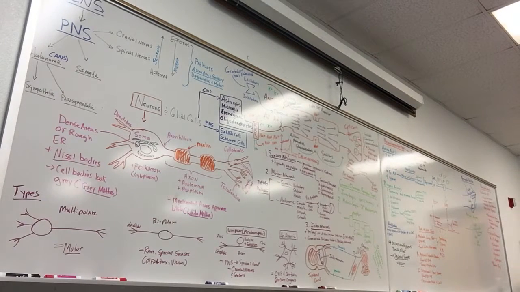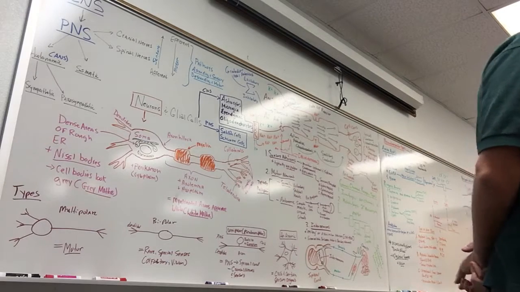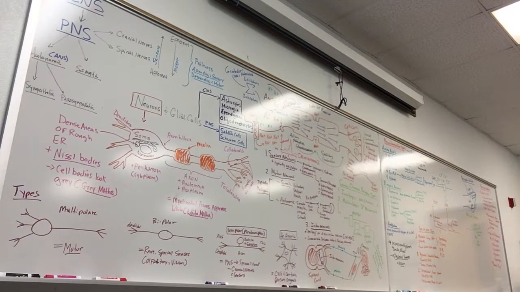The first way is direct. It is a nerve that goes directly into or directly out of the brain. Those nerves are what we call cranial nerves. Cranial nerves are nerves that come directly out of or go directly into the brain.